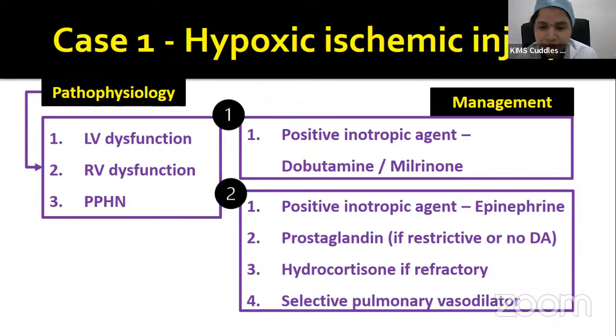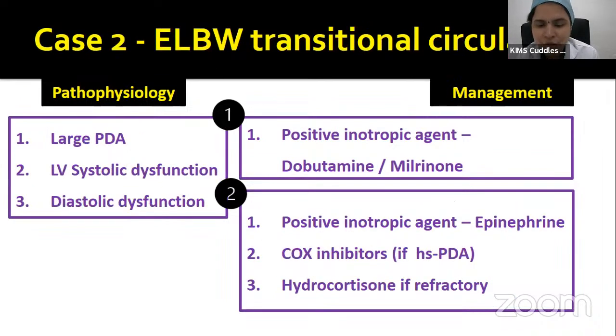Hydrocortisone, if shock is refractory, blood pressures are not improving with above measures, and if there is PPHN indicated by oxygenation index which is more than 15 to 20, we could think of a selective pulmonary vasodilator, which is inhaled nitric oxide. In the case 2, extremely preterm newborn with an abnormal transitional circulation, the complicating factors are large PDA with LV, both systolic and diastolic dysfunction.